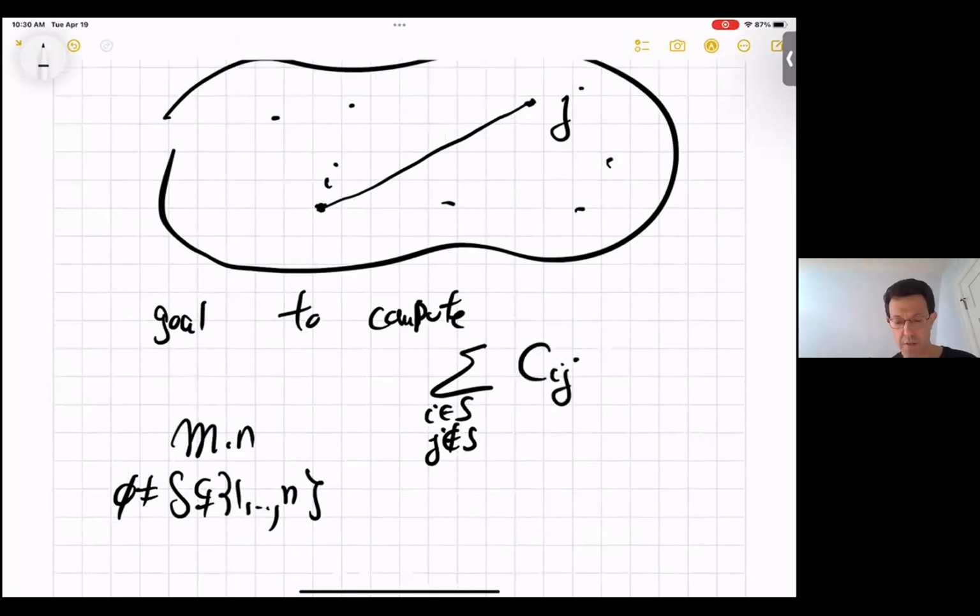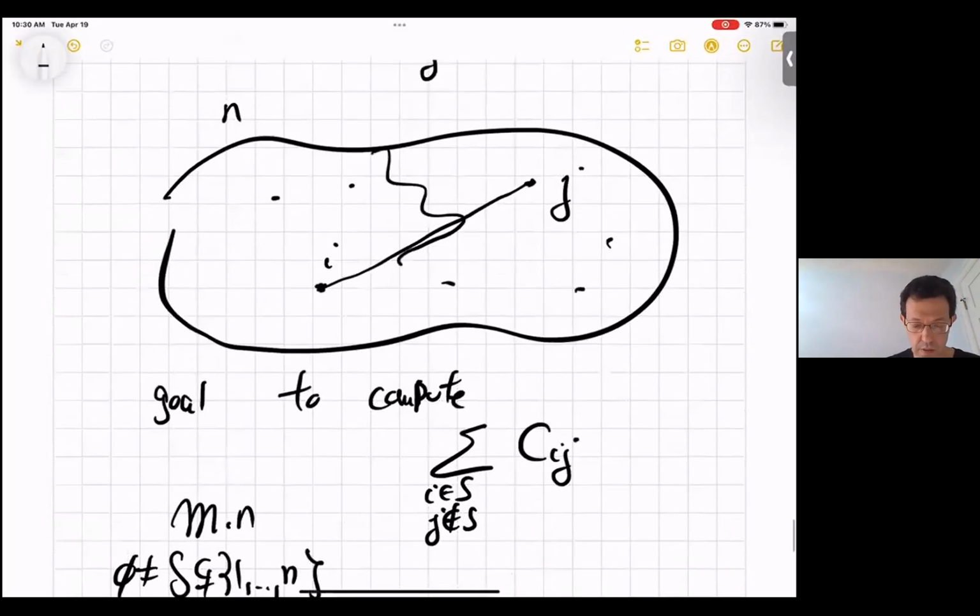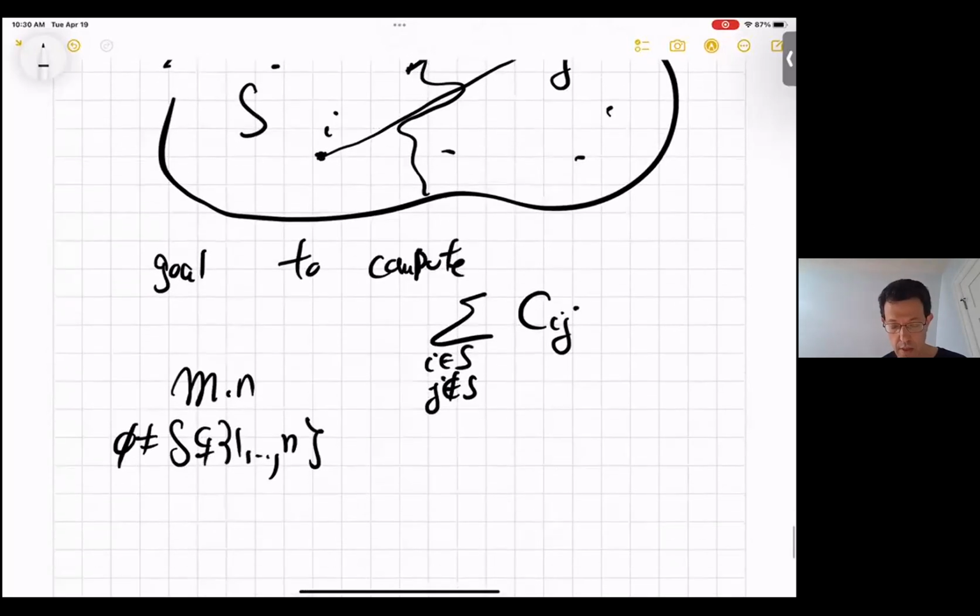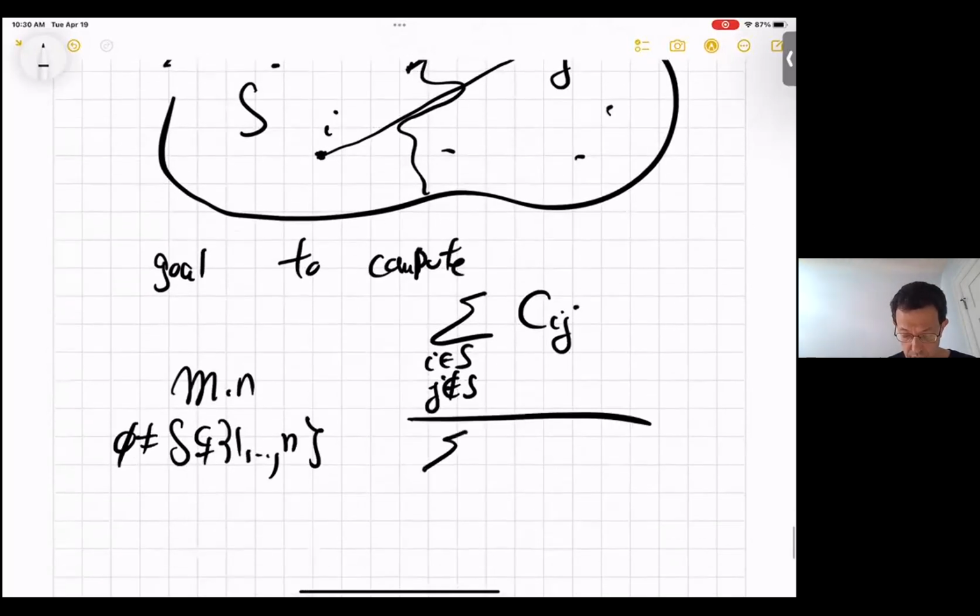So this is the capacity. If this is the subset, you look at the total capacity crossing the boundary. One is intersecting S, the other one is not. And you divide this by the demand, the ratio of the total capacity crossing the boundary.